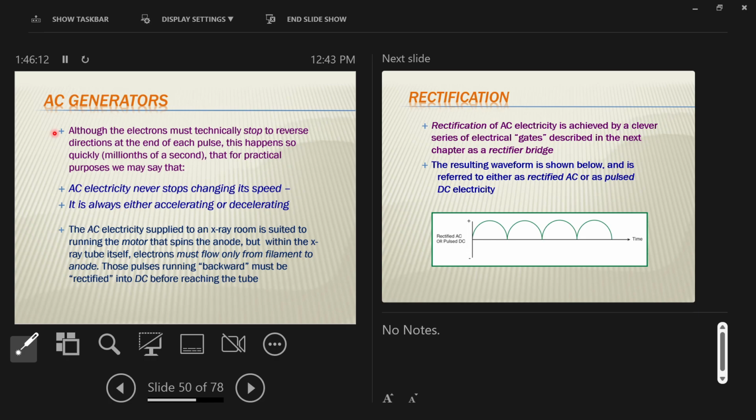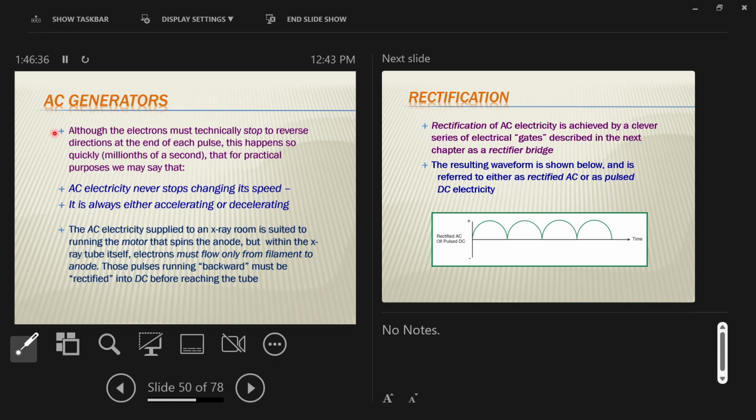So we're using electricity in different ways. One way is to spin the motor; the other way is to generate an electric charge across a small gap to bombard this disc with electricity. In some cases, like actually making X-rays, we need to create DC current before the electricity gets to this point.